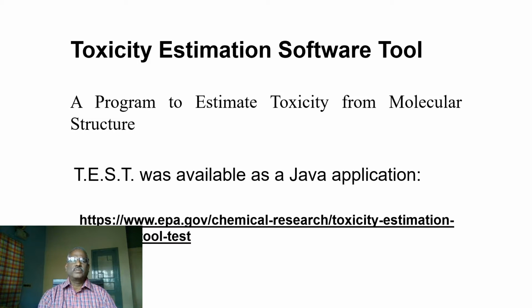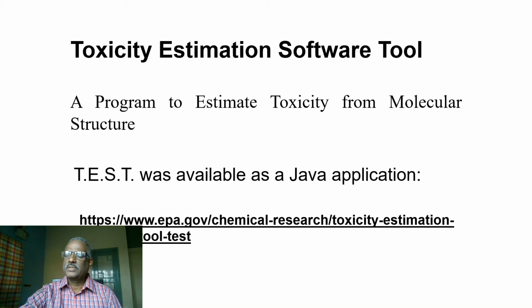The second software which I am going to discuss is the Toxicity Estimation Software Tool, otherwise called T.E.S.T., which is available as a Java application and was originally promoted by the Environmental Protection Agency. This is the website where you can download this particular software.